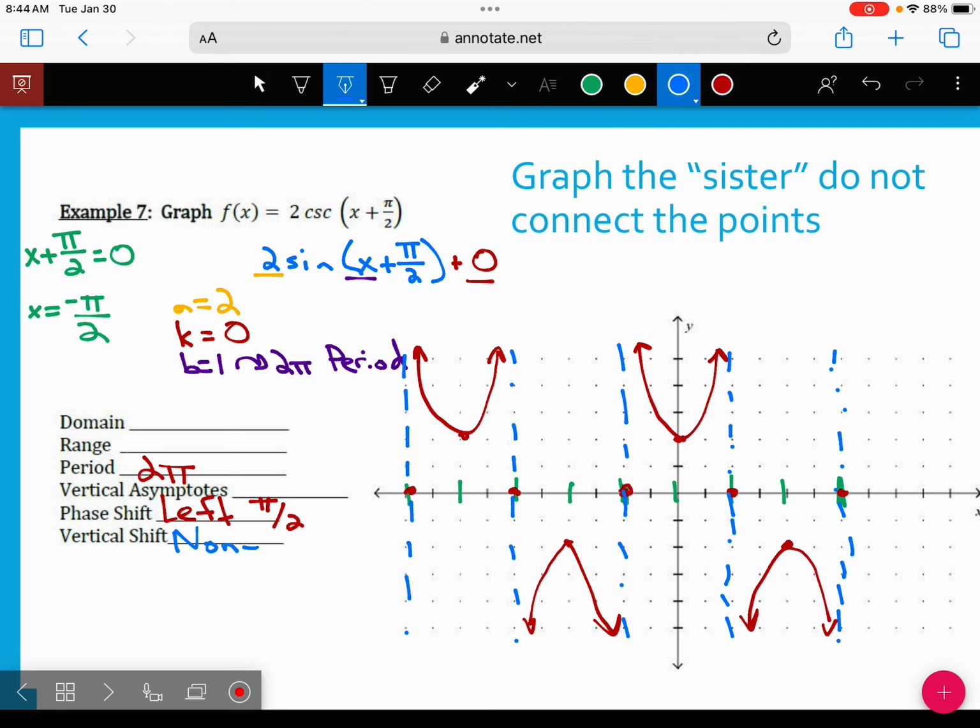There wasn't any. From there, our vertical asymptotes: our first one occurred at the horizontal shift, so at negative pi over 2. And then they're separated by half of the period, so plus or minus pi n.